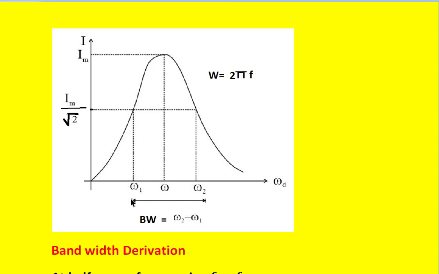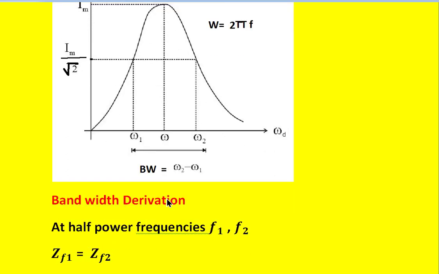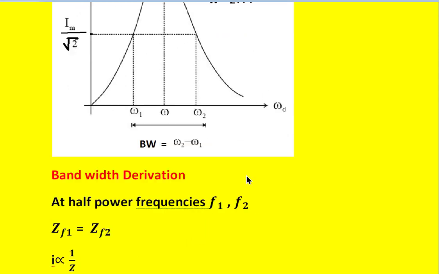Let us see the derivation for bandwidth for series RLC circuit. As seen on the frequency versus current curve, it can be observed that the impedance at this point and the impedance at this point are one and the same. That is ZF1 is equal to ZF2. ZF1 is the impedance at F1, ZF2 is the impedance at F2.